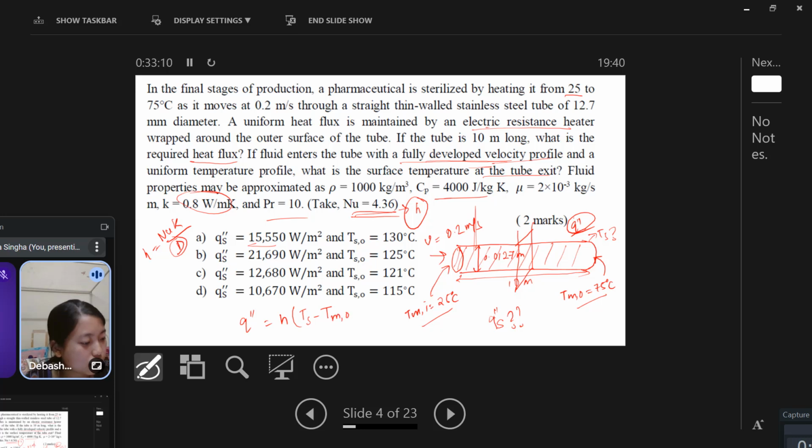So it should be Tmo. They have asked to find out the surface temperature at the tube exit. That means the tube exit is this Tmo, and the gradient is Ts minus Tmo. So just find out Ts only, that is Ts.